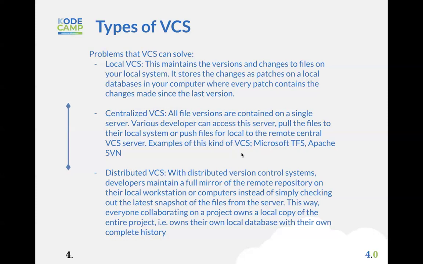We have that remote repository, but you also have a local repository that you work with, right? So you have the remote, you have the local, and that makes Git a distributed version control system. Instead of having just the remote or having just the local, it has both, and that's a distributed version control system.